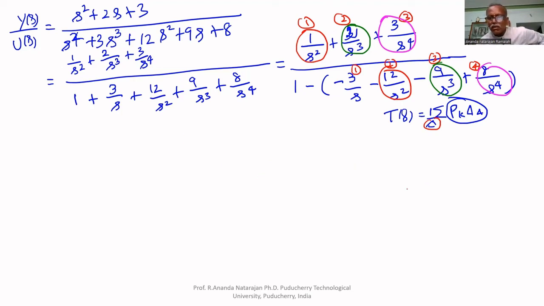What is available? The available is Y of s, and U is the input. So first let us finish the forward paths. How many integrators? Four integrators.